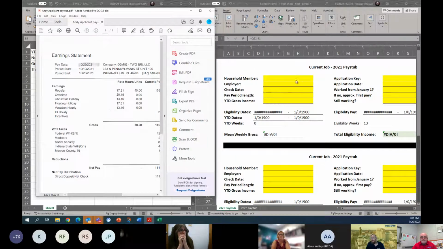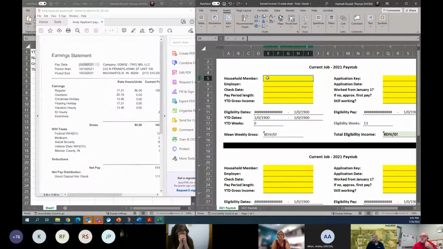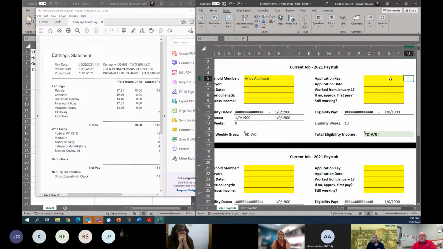What I've done with this is I've made any field that is fillable yellow, just to make it very clear where you fill in information. The rest of it should automatically populate. When you're filling this out, we have the household member name and application key just for internal reference, to make it easy for intake staff to be sure that they are putting it with the correct file.